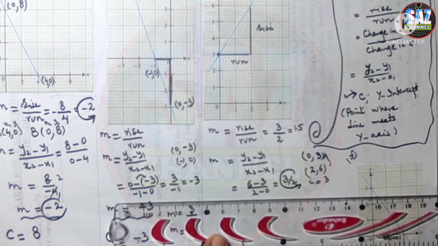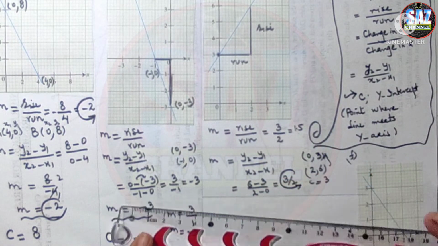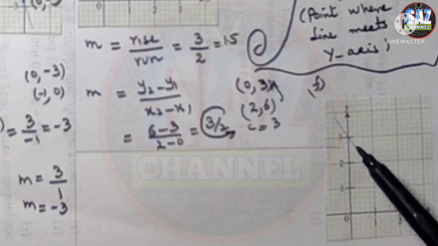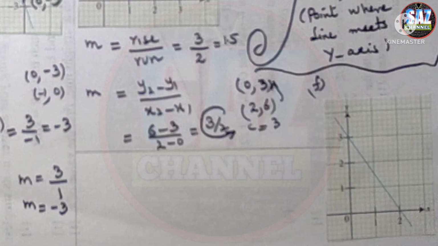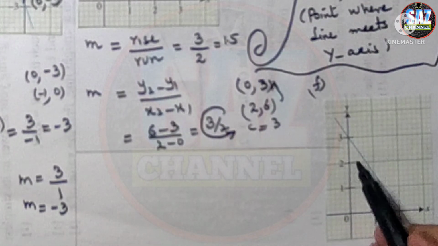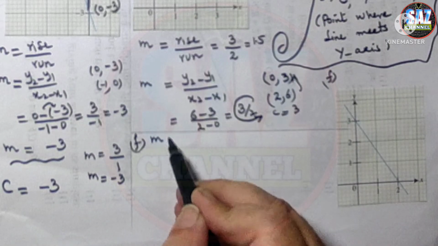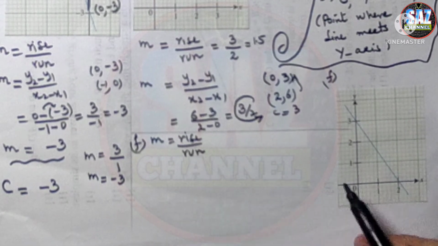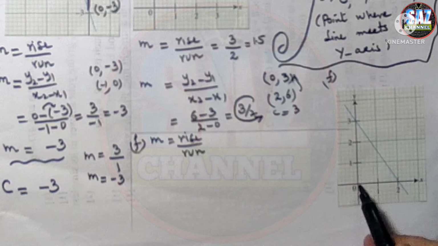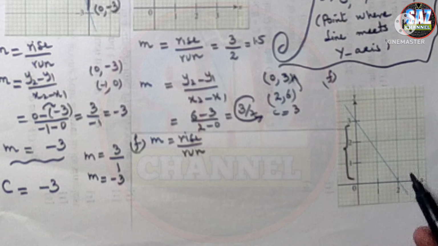Then moving to the next part, the question that is given to us has the graph which is cutting or meeting the y-axis at point 3 and the x-axis at point 2. So if we apply the ratio of rise and run for the F part gradient, rise upon run, and we are completing the right triangle at this place, we can see that on the right side we have how many blocks?